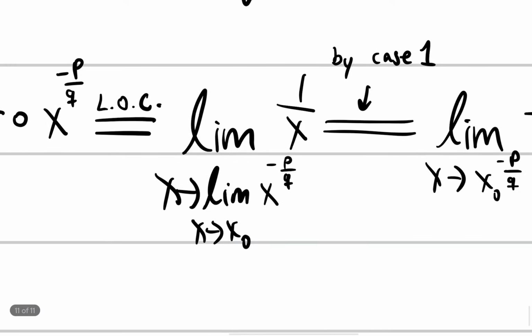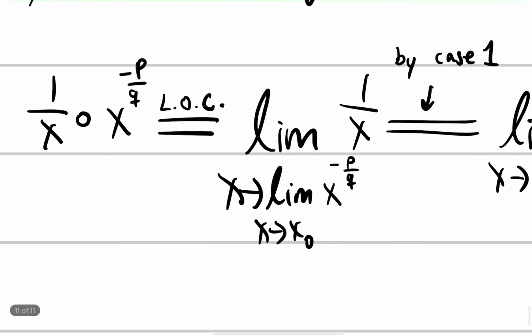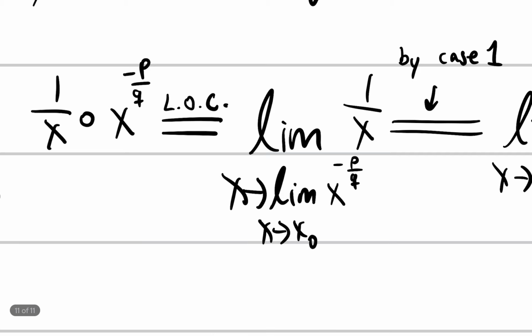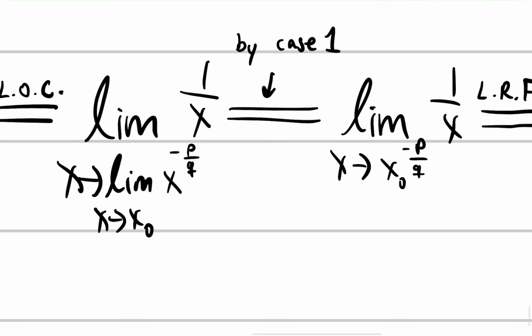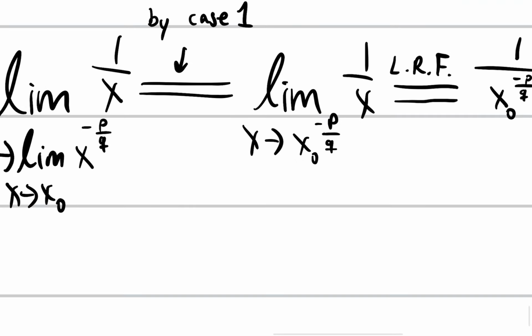And by the result we got from case 1, remembering that what is negative p over q? Well, negative p over q is negative m, but since m is less than 0, negative m is positive. And we already proved the case for when it's positive. So by case 1, we're just going to have the limit of 1 over x as x approaches x naught to the negative p over q.